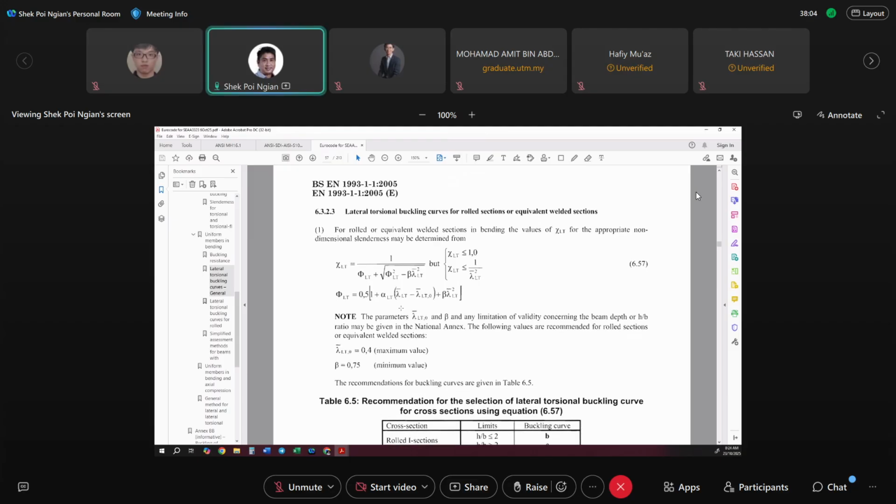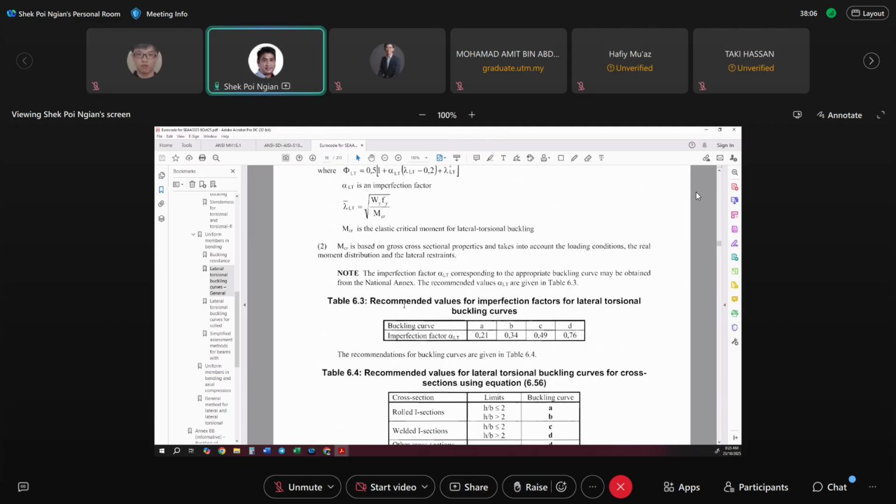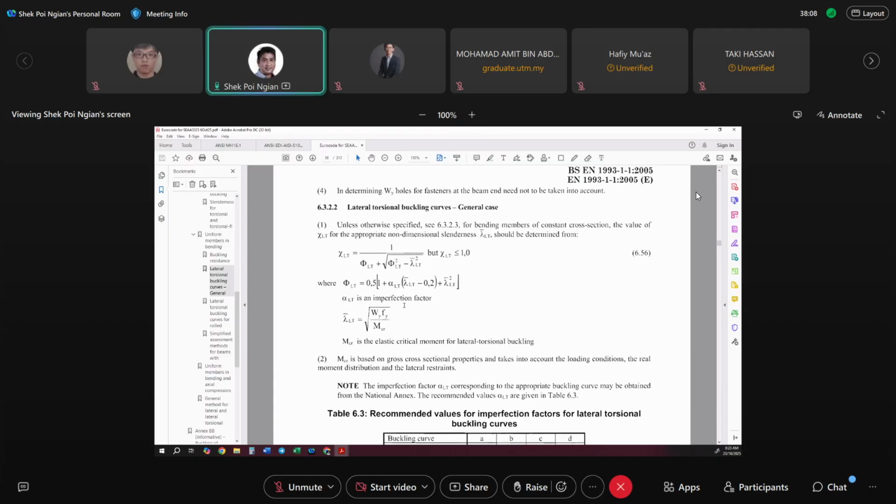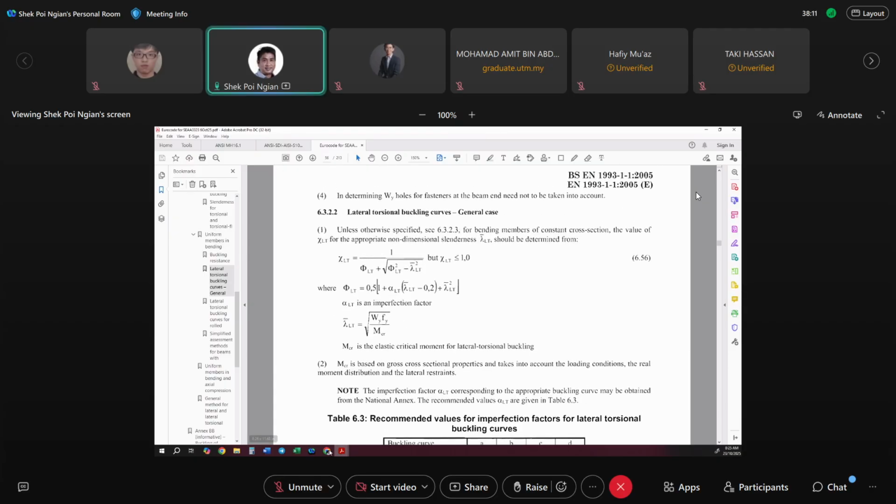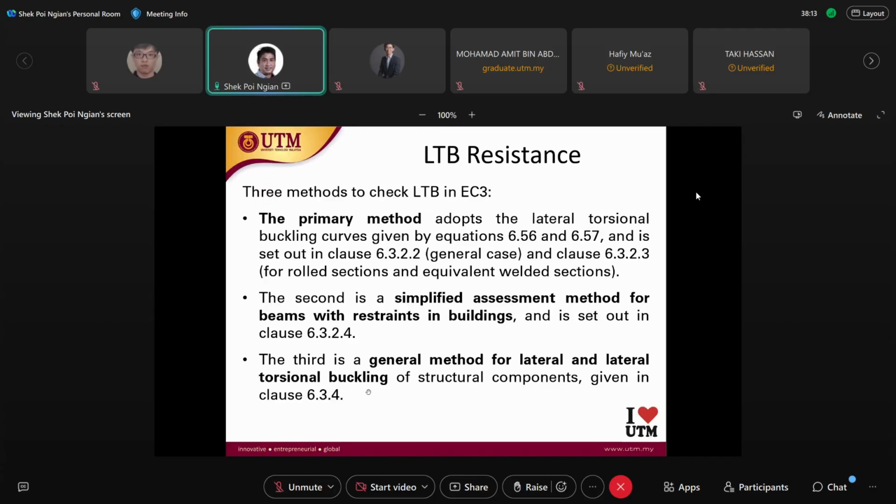So these are the two clauses under the primary method.